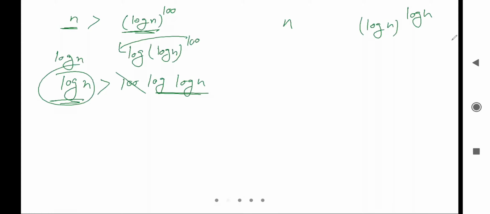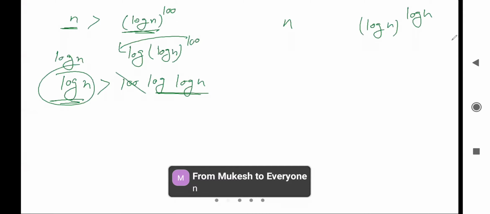Which one is greater, N or log N power log N? N is greater.